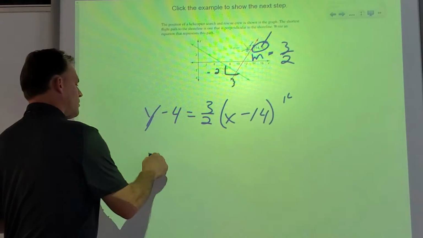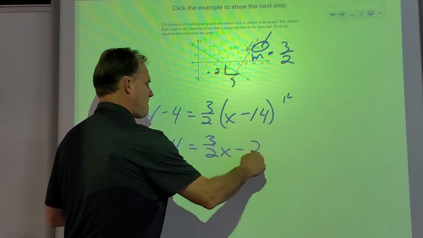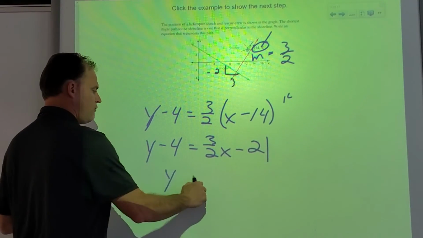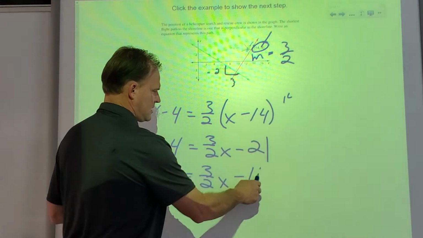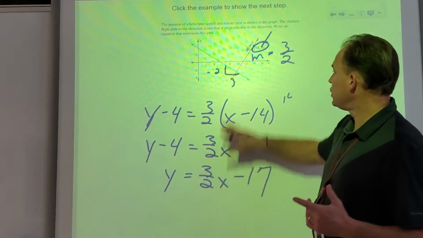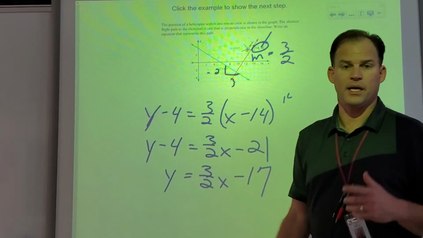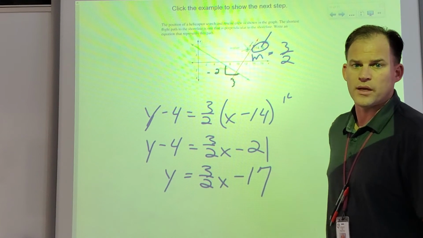Finish the problem like normal. Get y by itself. Minus 17. And now I have the equation of the perpendicular line for the helicopter to fly. There you go. There you have it.